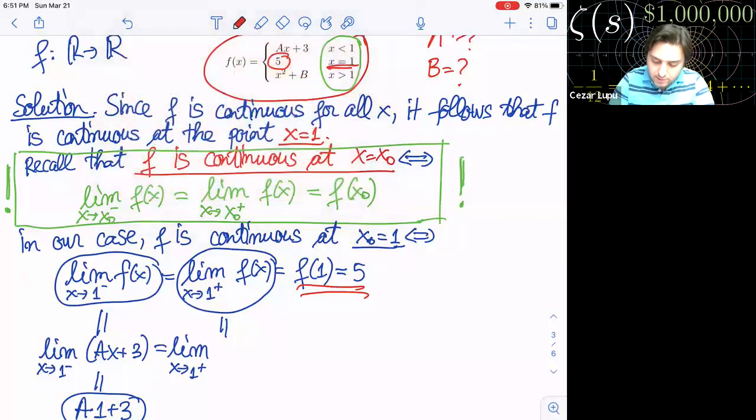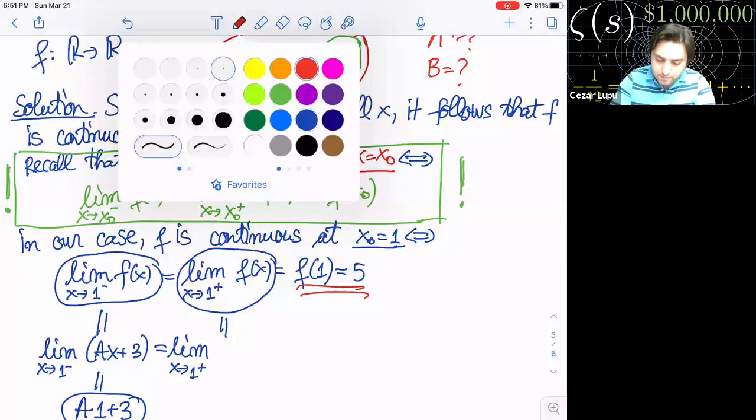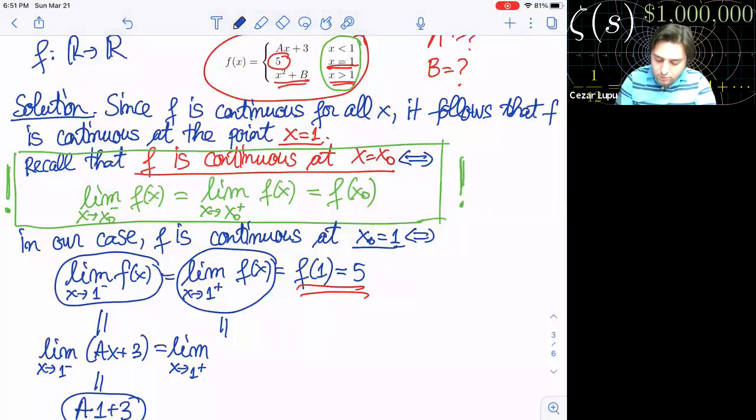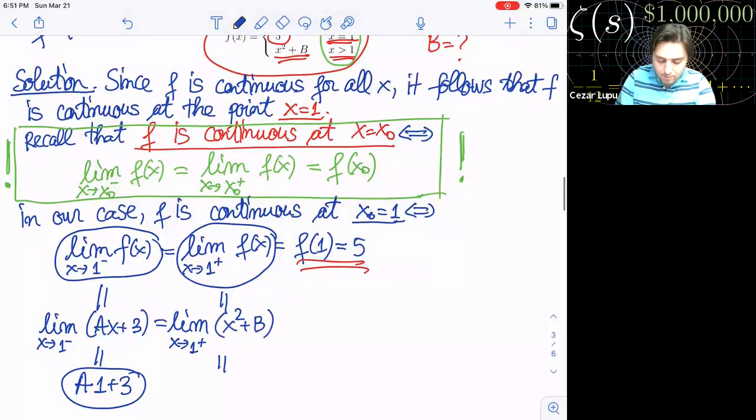Look here, you see this one here. Great. So this would be x squared plus b. And if we go further, this limit will be equal to what? Can you tell me? One plus b, exactly.